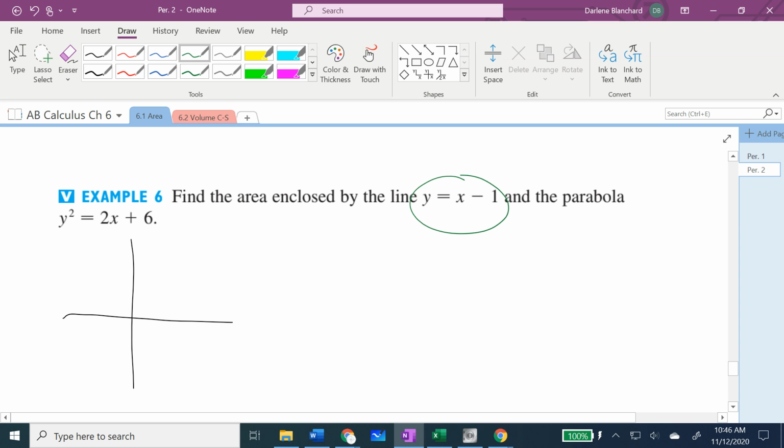So we've got the area enclosed by y equals x minus 1 and a parabola, and you want to work with graphing parabolas from the side. The vertex of this parabola is x coordinate -3, y coordinate 0, and it opens to the right.